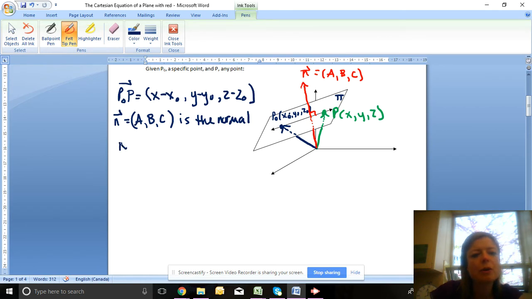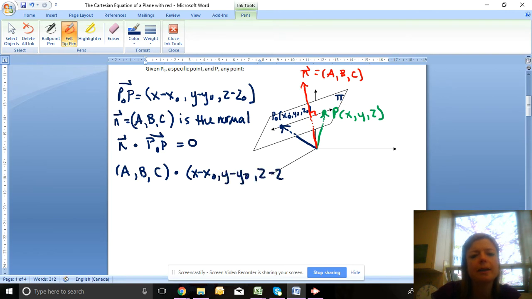We know that the normal dotted with the vector P0P has to be 0, since the normal has to be perpendicular to that vector. So if we take (A, B, C) and dot it with (x minus x0, y minus y0, z minus z0) and set it equal to 0, we can go through and do these calculations.